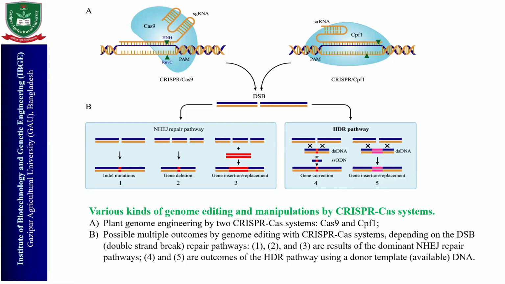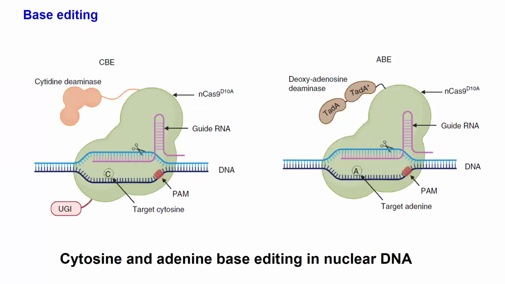But here I tried to make a simple story of the various kinds of genome editing and manipulation of plants by the CRISPR-Cas system. So it may be included in your exam, because this is the most important conceptual procedure of CRISPR-Cas genome editing in plants.